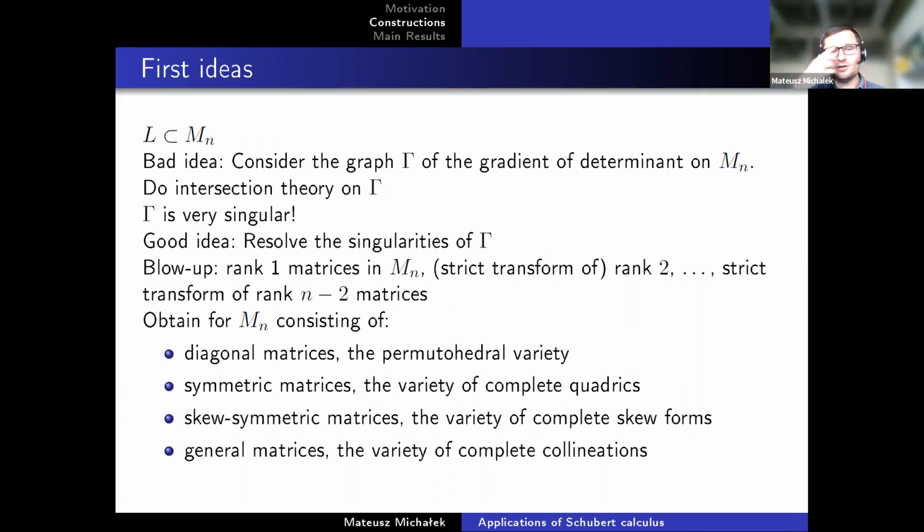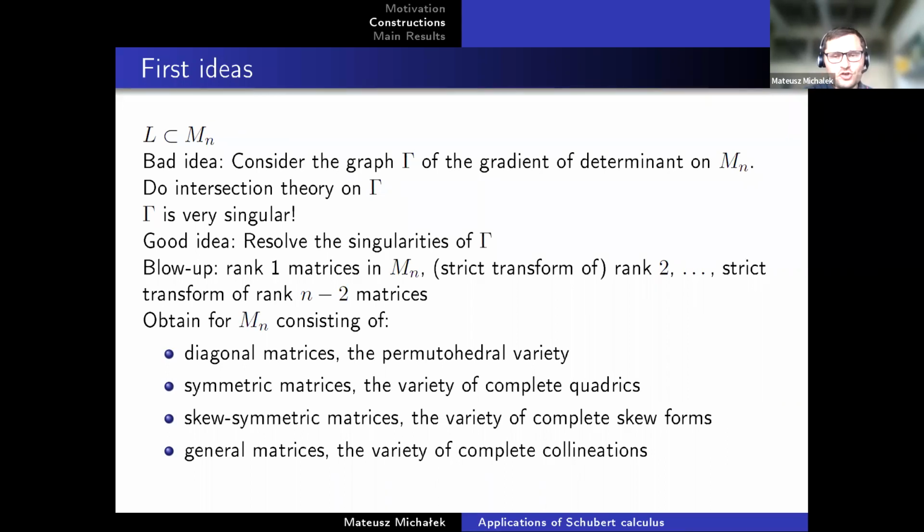In the case of diagonal matrices, you will get the permutahedral variety. If you watch June Huh's Fields Medal YouTube movie, he will start drawing something on the board, and this will be the three-dimensional permutahedral variety. But for symmetric matrices, you get an equally beautiful variety of complete quadrics and so on. For general, you get a variety of complete collineations.